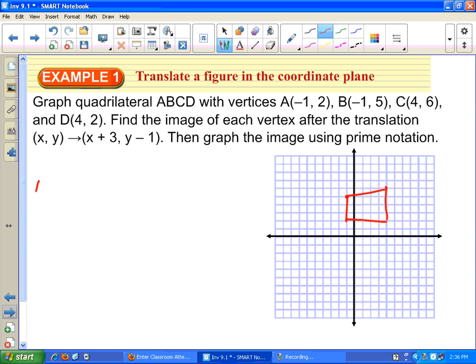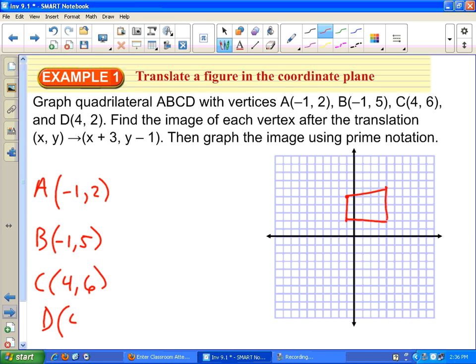So we start off with A, which is at -1, 2, B at -1, 5, C at 4, 6, D at 4, 2.